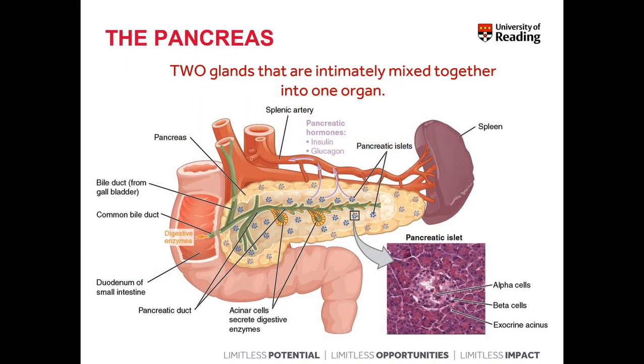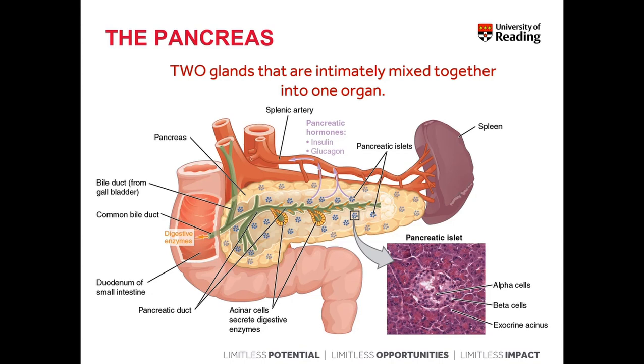So in the pancreas, we have basically two glands mixed into one. We have the acinar cells of the pancreas, which secrete digestive enzymes, and these are amylases, lipases, and proteases. These acinar cells secrete the digestive enzymes and bicarbonate into the small intestine via the pancreatic ducts.